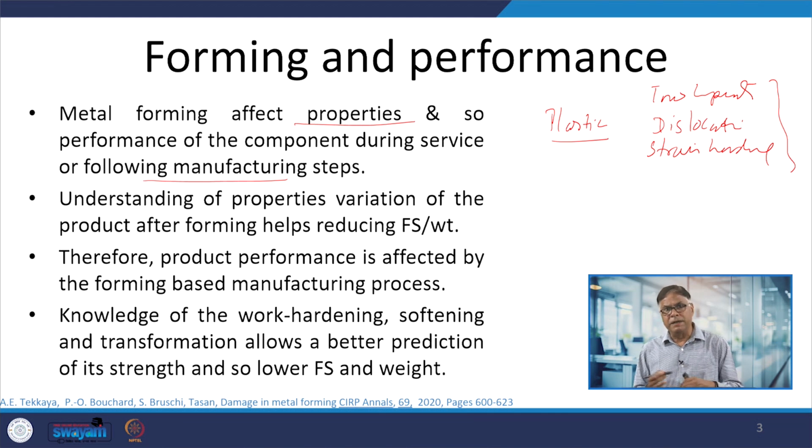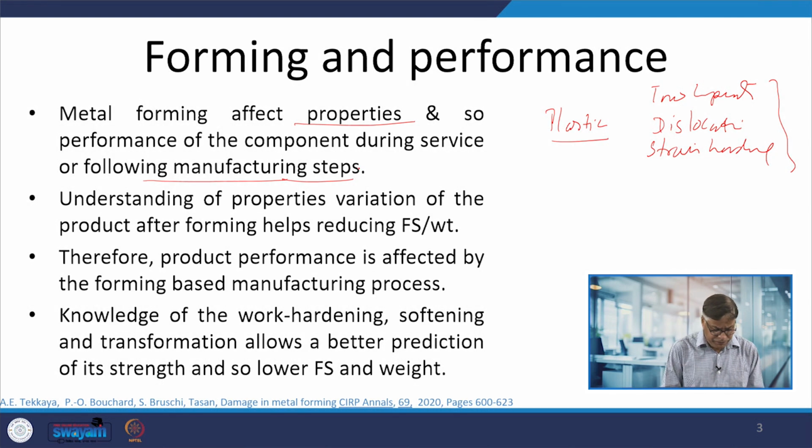It requires multiple steps to change the stock material into the final product, and whenever the product is deformed, its properties get modified. This continuous change in properties, many times in an unfavorable manner, adversely affects the ease of forming in the later stages. That is why metal forming affects the manufacturing in the later stages also.